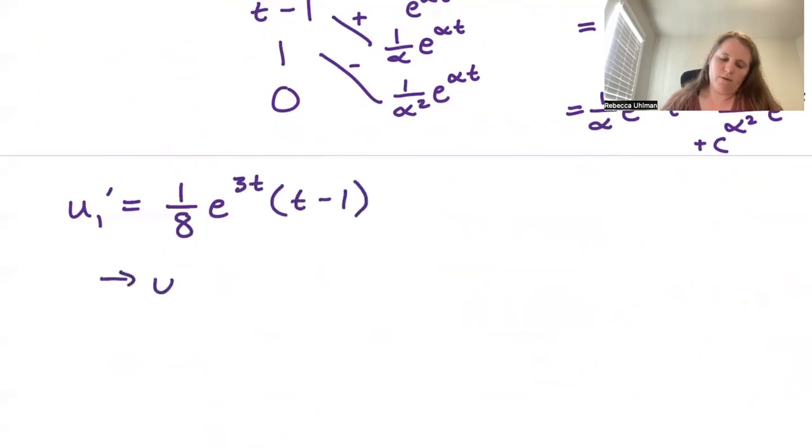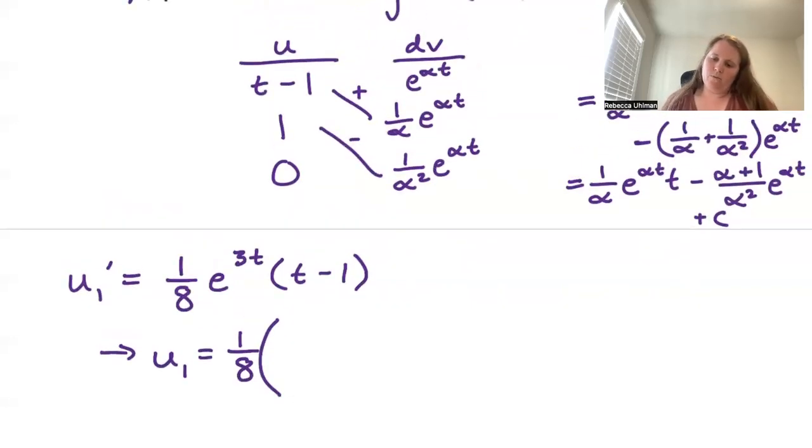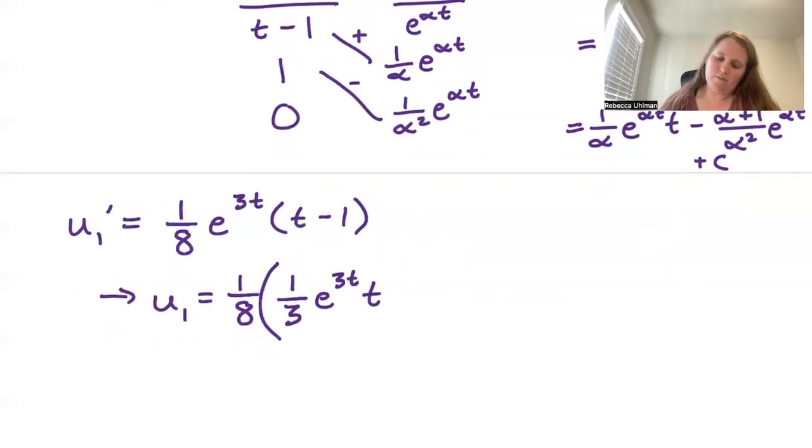So we have that u1 should be equal to 1/8 times 1 over alpha e to the 3t, so 1 over 3 e to the 3t times t minus 3 plus 1, 4 over 3 squared, 9 e to the 3t. And then plus c1.